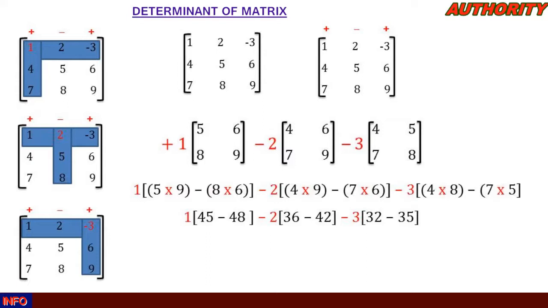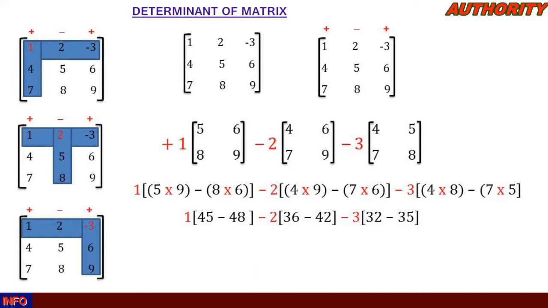All this is in brackets, then minus 2. In the next one, we have 4 times 9, which is 36, minus 7 times 6, which is 42. This is in brackets. Then we have minus 3. In the next bracket, we have 4 times 8, which is 32, minus 7 times 5, which is 35.